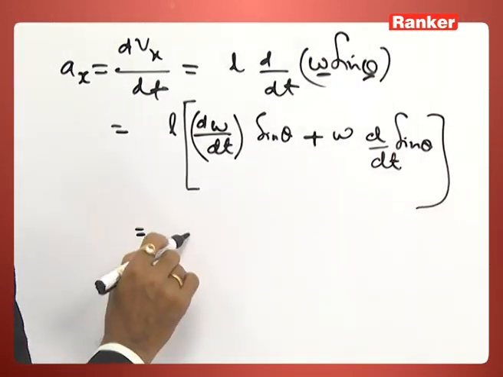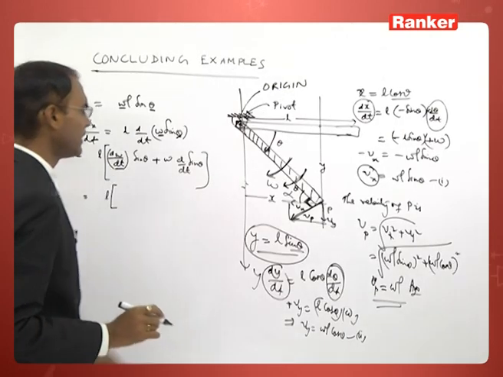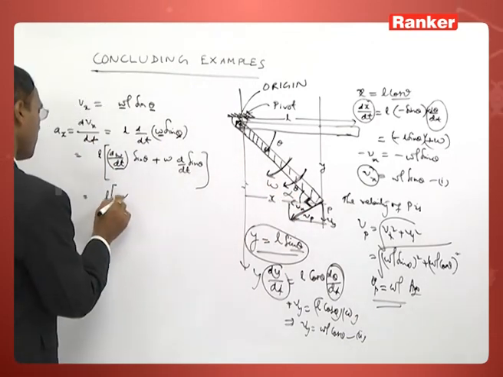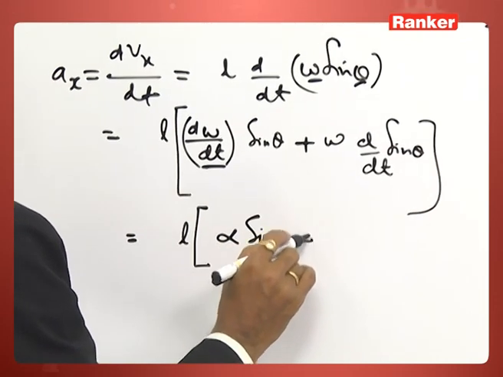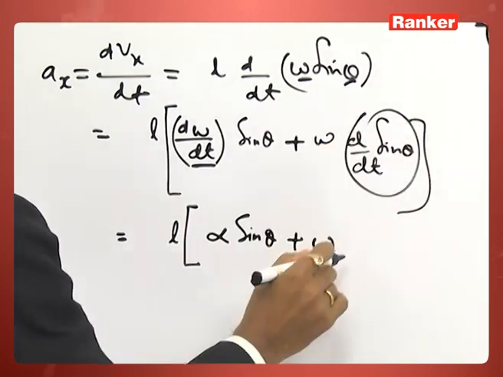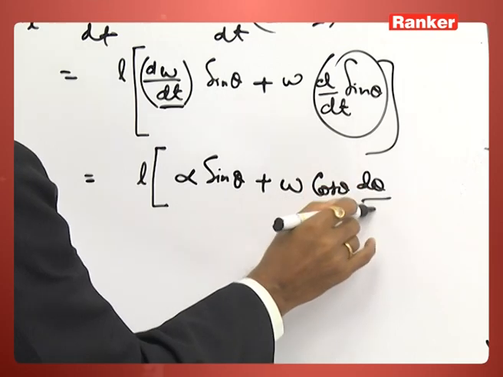You are getting L into d omega by dt is alpha, because you have taken alpha in same direction, plus alpha into sin theta plus omega, derivative of sin theta with respect to time is cos theta d theta by dt.